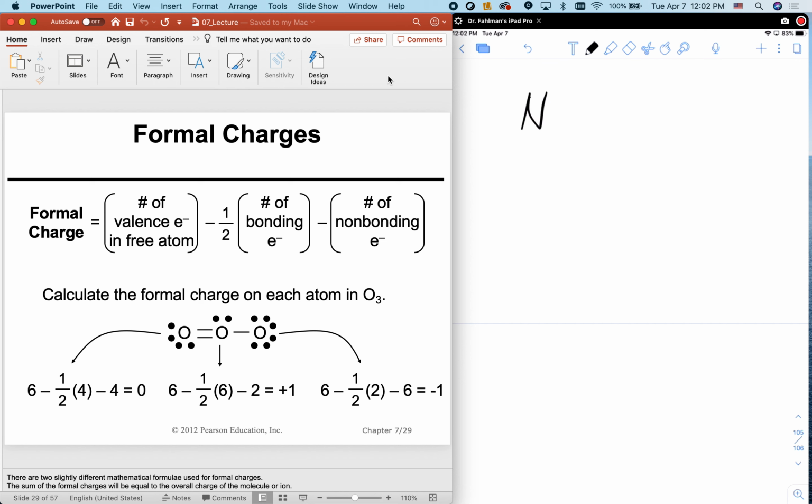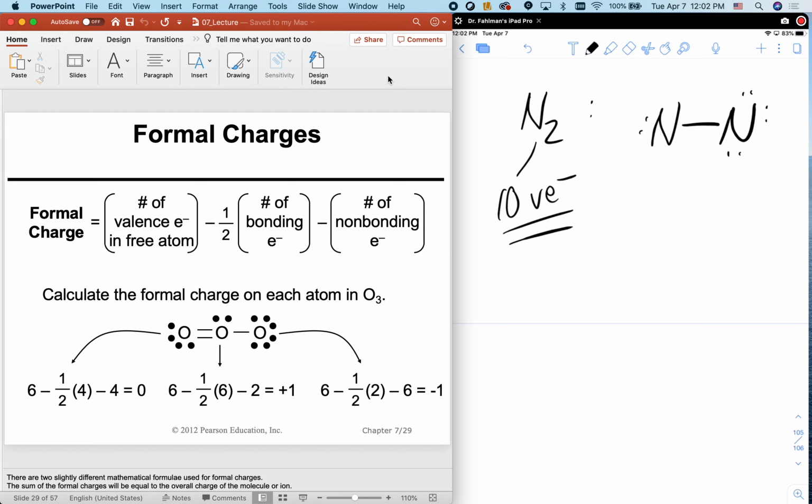Getting back to dinitrogen, or just the nitrogen molecule, again, it says 10 valence electrons. The reason why it has to be triply bonded is you would do this too, right? So you start with that, so it's 2 electrons, 3, 4, 5, 6, 7, 8, 9, 10, let's say.